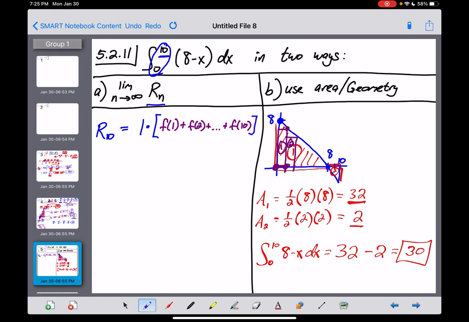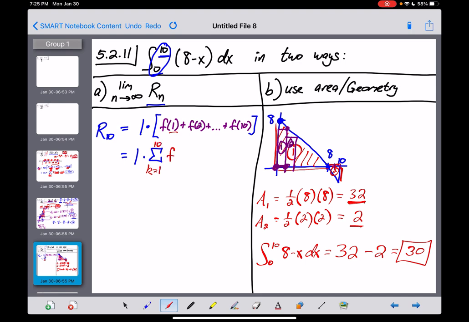Now, it would be doable, but kind of a pain, to put all that into my calculator that way, so let's do some sigmas. This is a 1 times a summation, and we're going to start at k equals 1, since we're doing 10 rectangles.